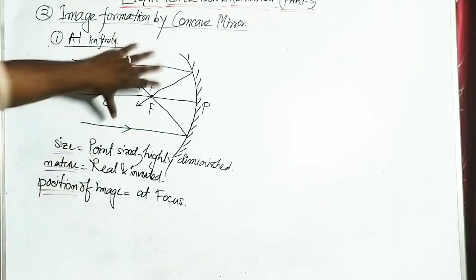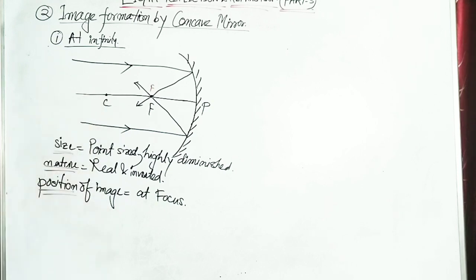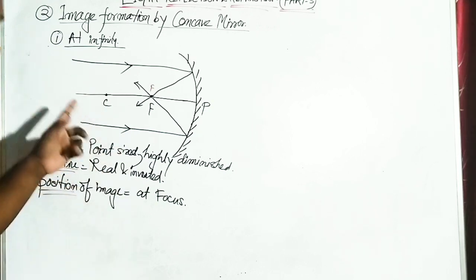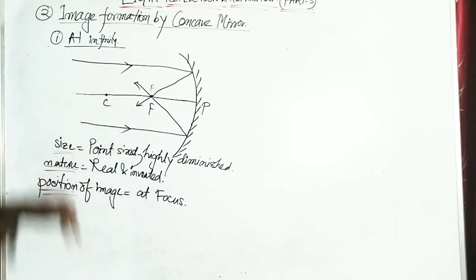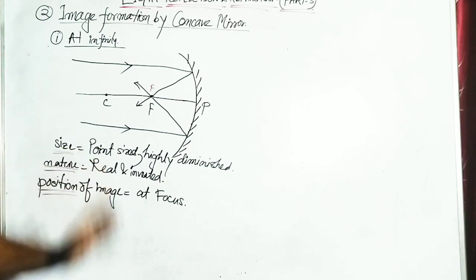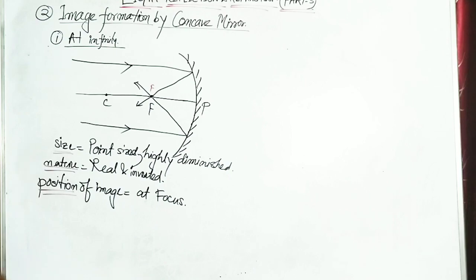If you only draw the figure and do not write these things, you are not going to get full marks, maybe 1 mark less. So you have to draw the proper figure and write these three things: size of the image, nature of the image, and position of the image at focus. Simple thing.